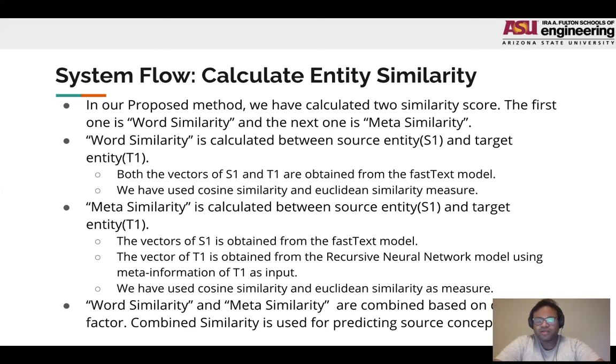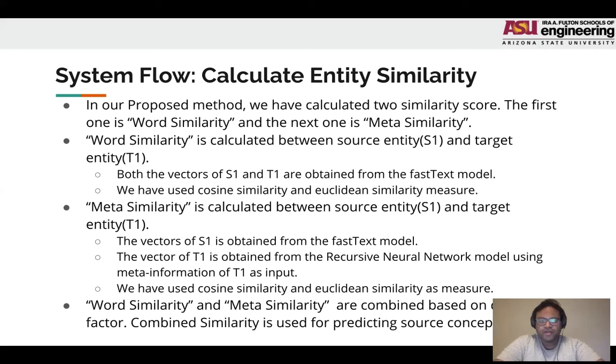But the meta similarity, on the other hand, is using the meta information, or using the OntoConnect model that we trained. Using the OntoConnect model, for every target entity, we have a predicted vector, and we calculated the cosine distance between that predicted vector and the source entity vector, and whichever source entity is the nearest.